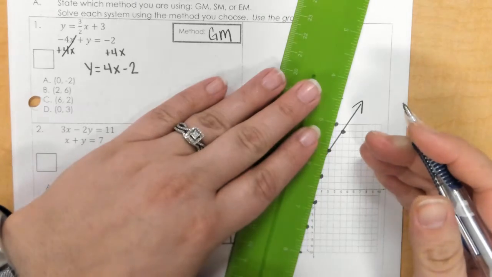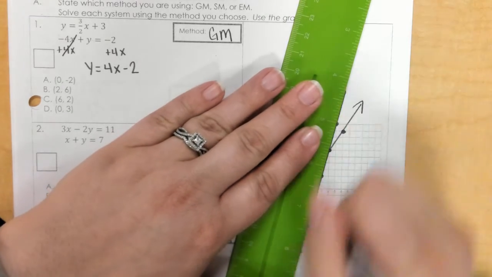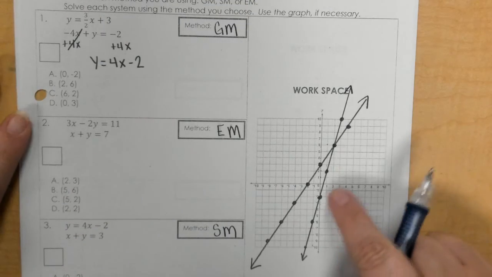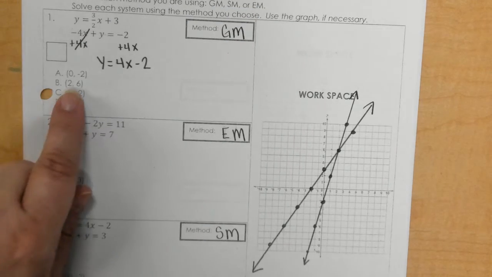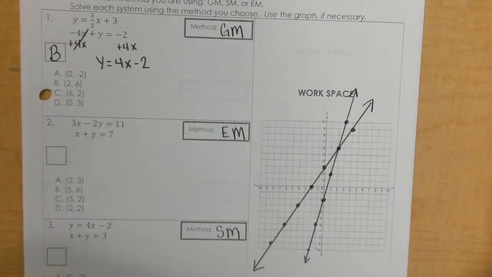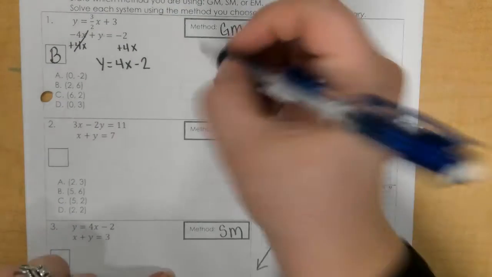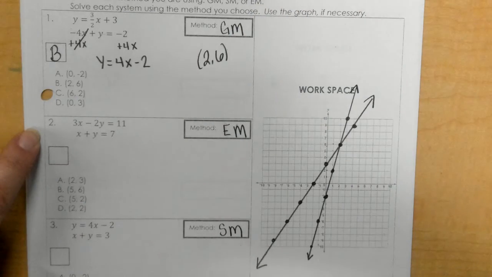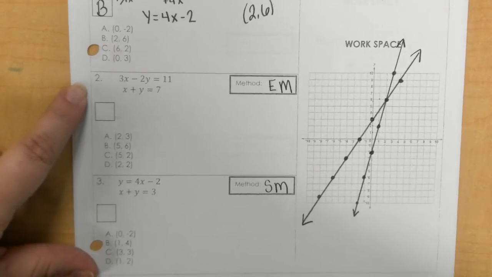And I see that it meets at one point, which is 2, 6. And 2, 6 is my answer B. Okay? So 2, 6.